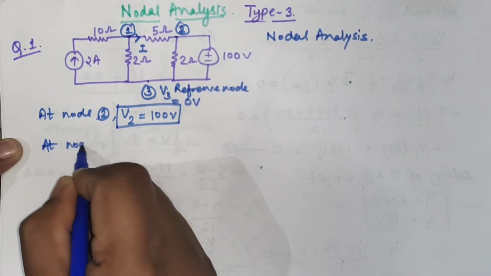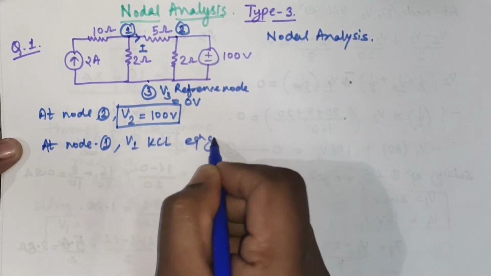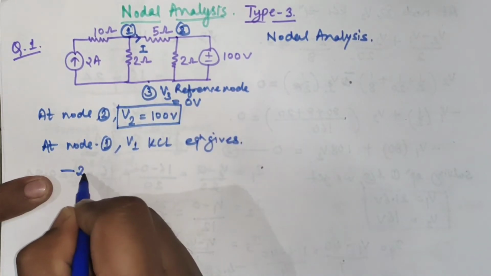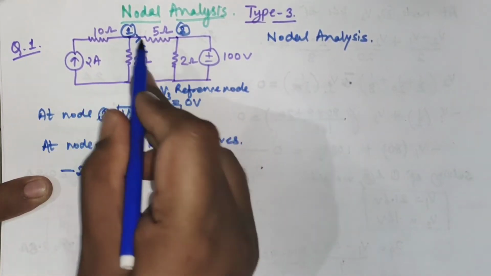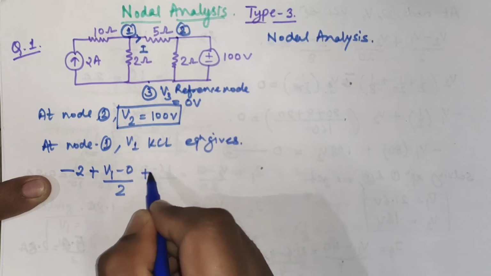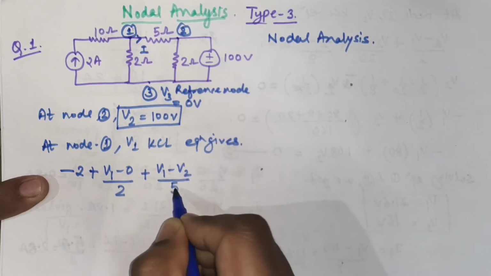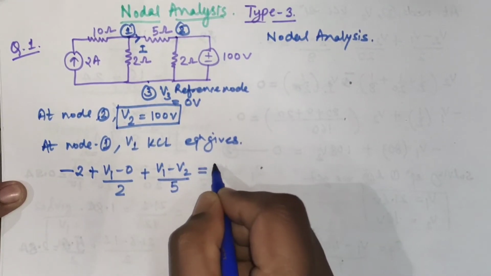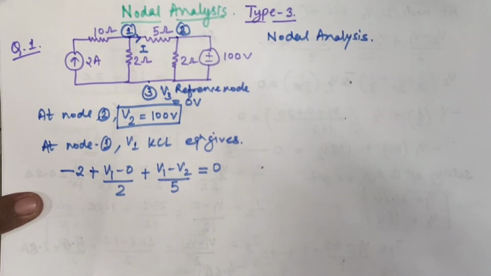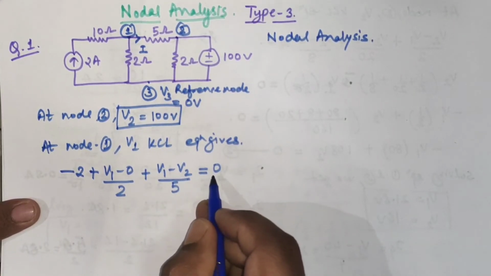So at node 1, the KCL equation gives: incoming current is minus 2, outgoing current from node 1 to node 3 is (V1 minus 0) by 2, and another (V1 minus V2) by 5, equal to 0.